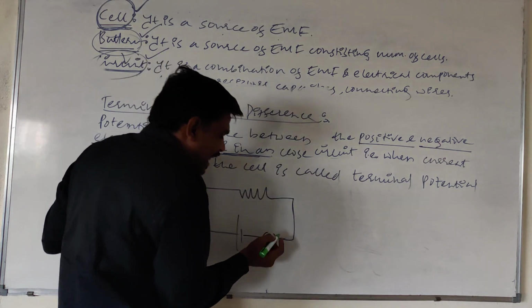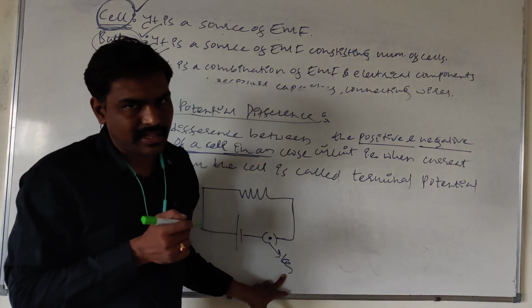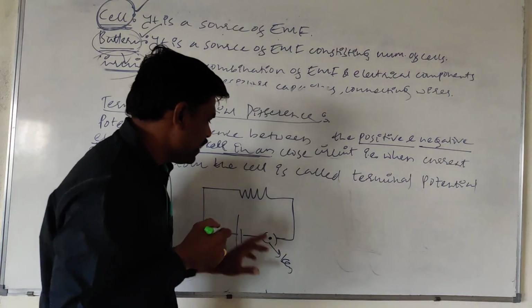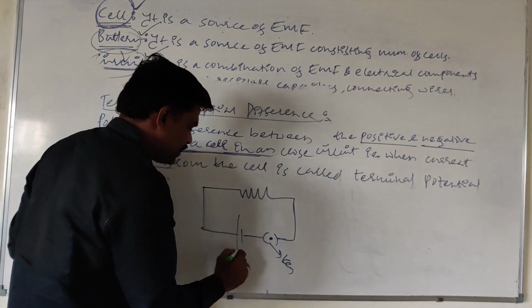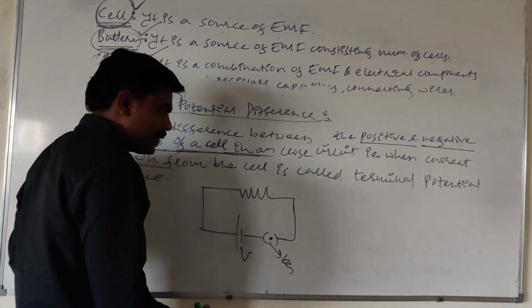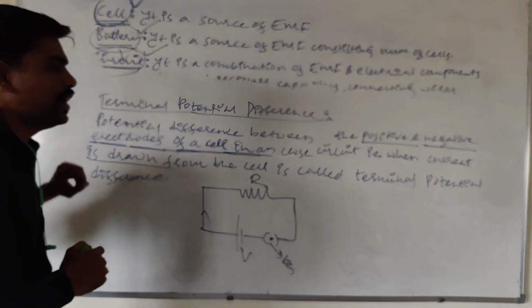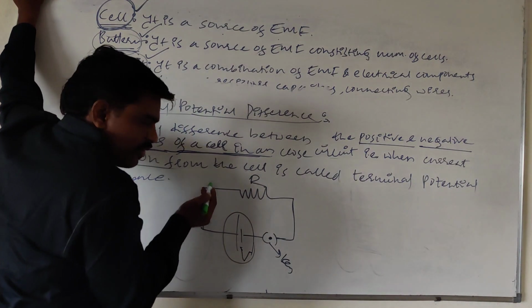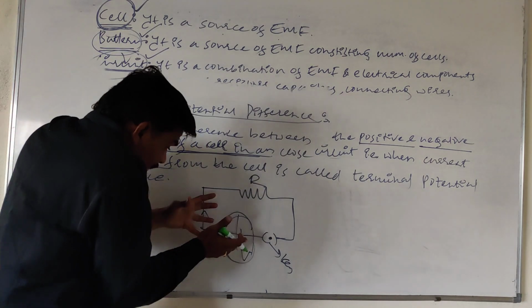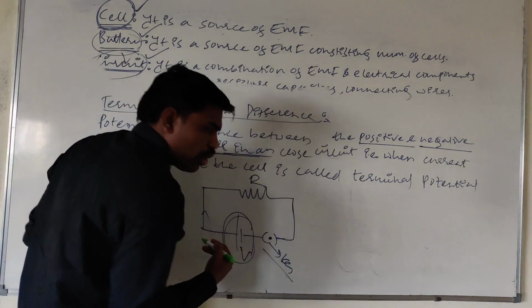So in a closed circuit, this is once again V, this is R, and once again current is flowing. So in this case, the current is drawn from the cell because the circuit is closed.